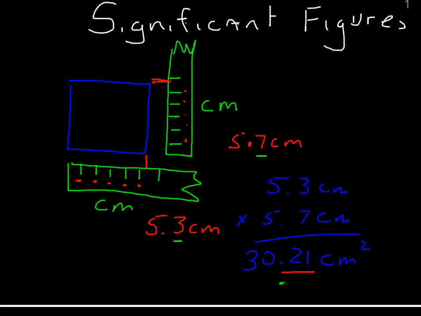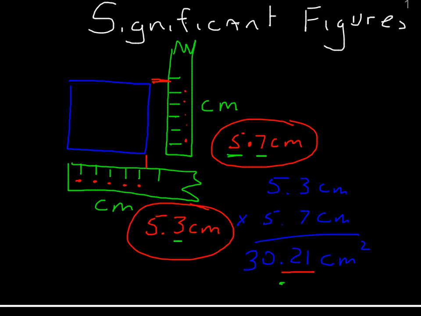The rulers that I used only gave me two-digit values. So I can't let my calculator give me a more precise number than I had originally. I had two significant digits here, and two significant digits there. My answer must have two significant digits.